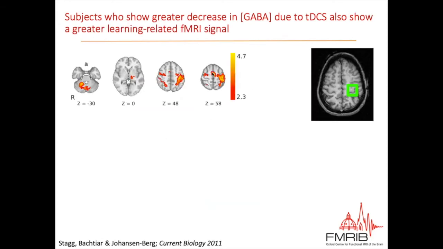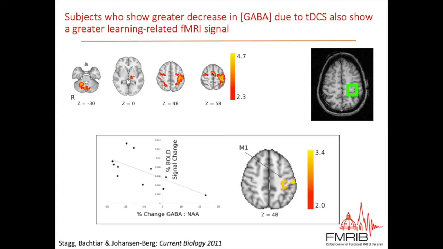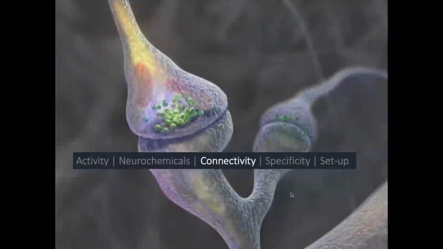Okay. And you can look at whether or not this is specific, and if you look at the learning-related fMRI signal, you see this very specific region in the brain where there is a relationship between learning-related fMRI signal and GABA change. And again, it's primary motor cortex, which is exactly where we'd expect it to be. So this seems to be specific in terms of the anatomy and in terms of the neurochemicals.